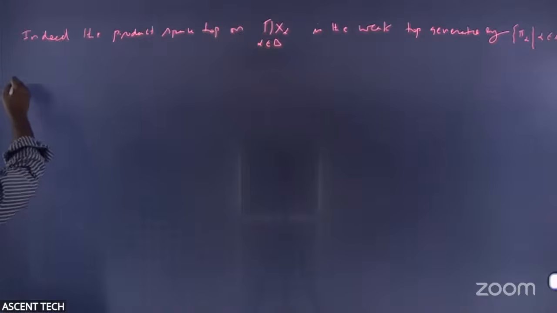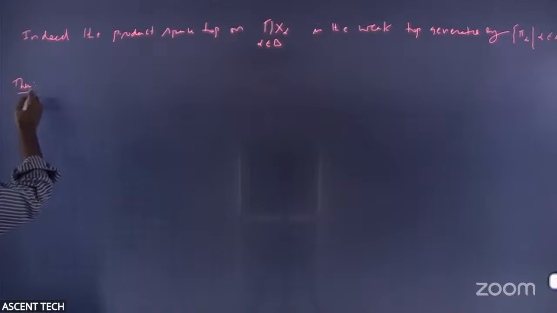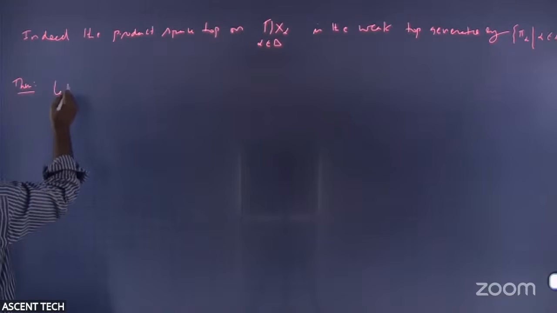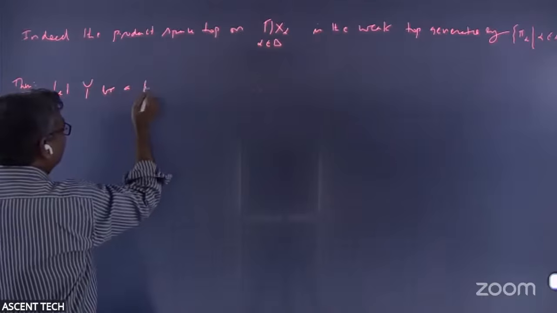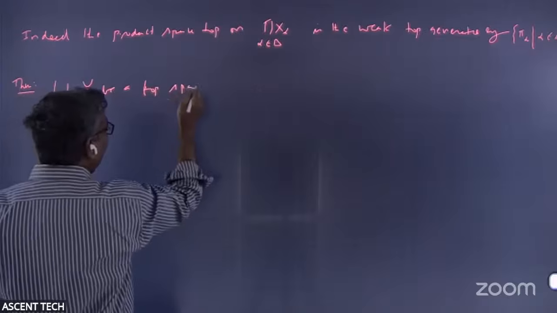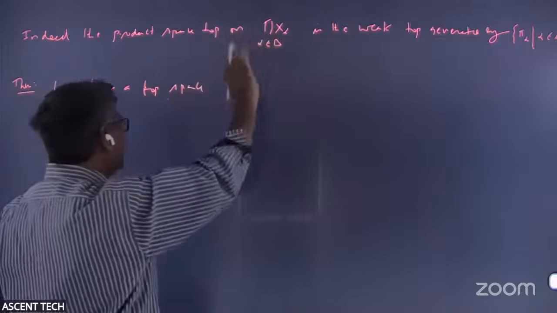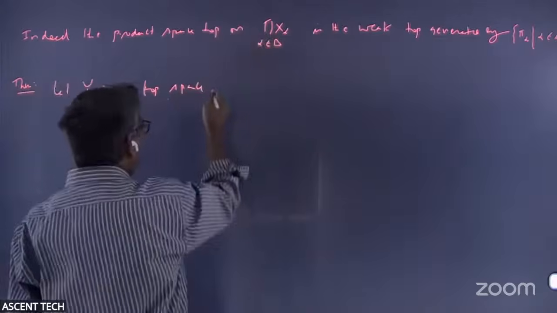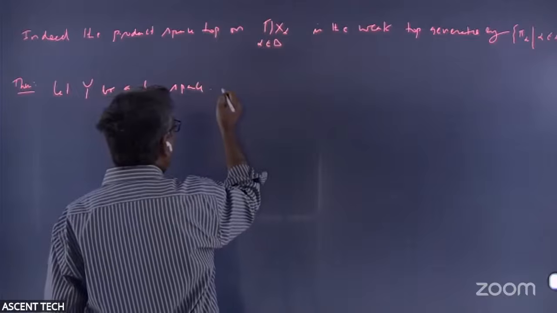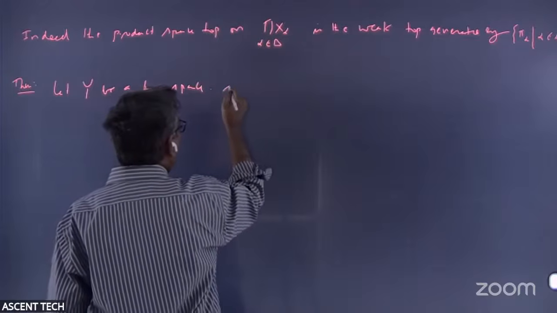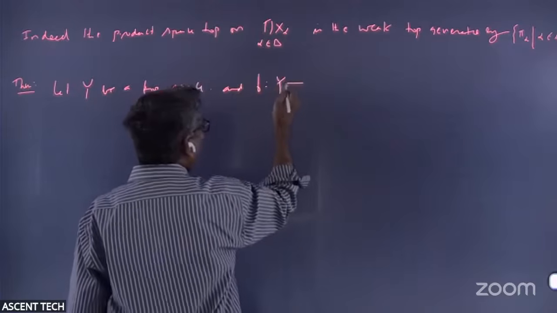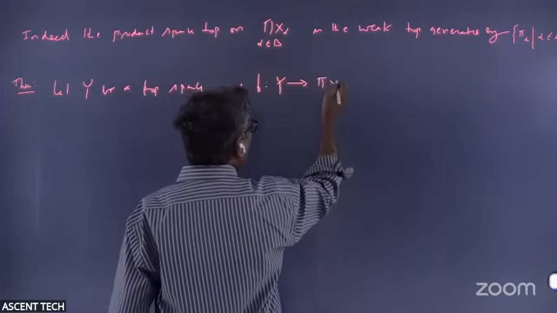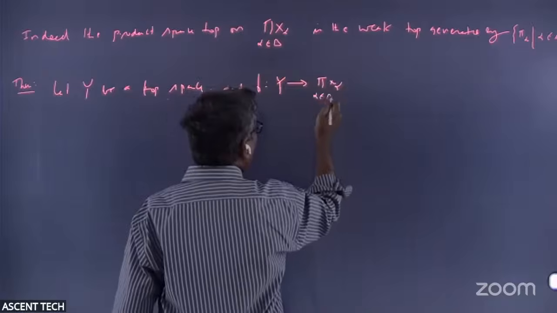And here is a little theorem, not a really big thing. It's easy to understand. Let Y be a topological space. So I already have the product of X alpha with the product topology anyway. And f is a function from Y to the product of X alpha, alpha in delta.